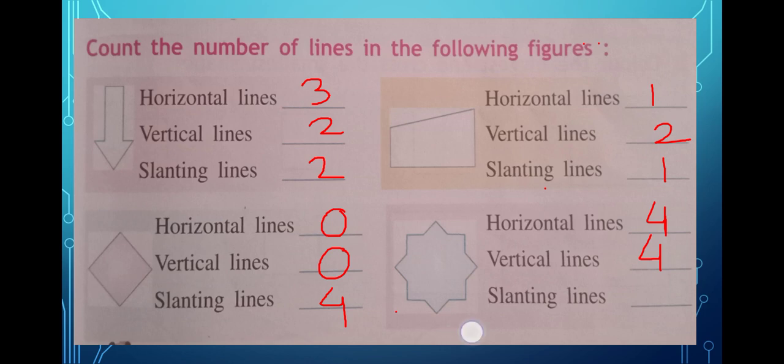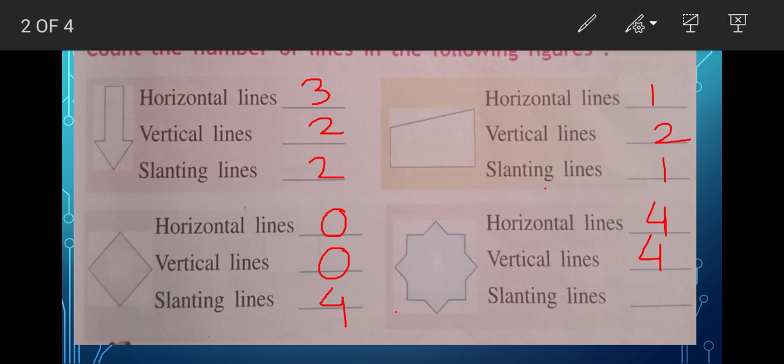Then this one down here, 5, 6, like this here, 8. So how many slanting lines are there? 8, right? See, 1, 2, 3, 4, 5, 6, 7, 8. So we can write here 8 slanting lines.